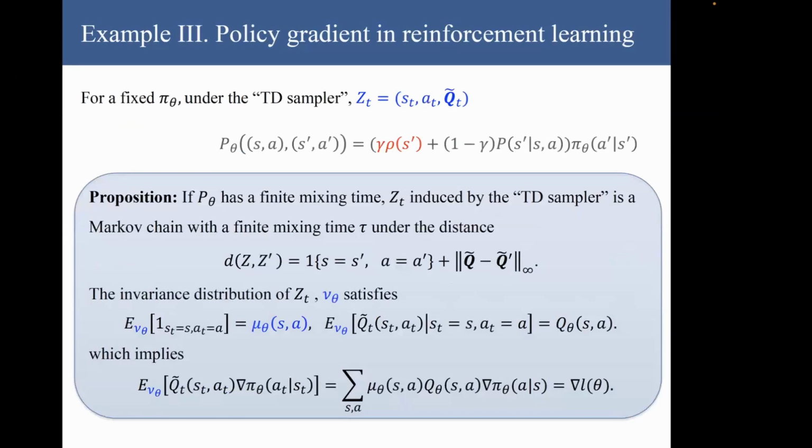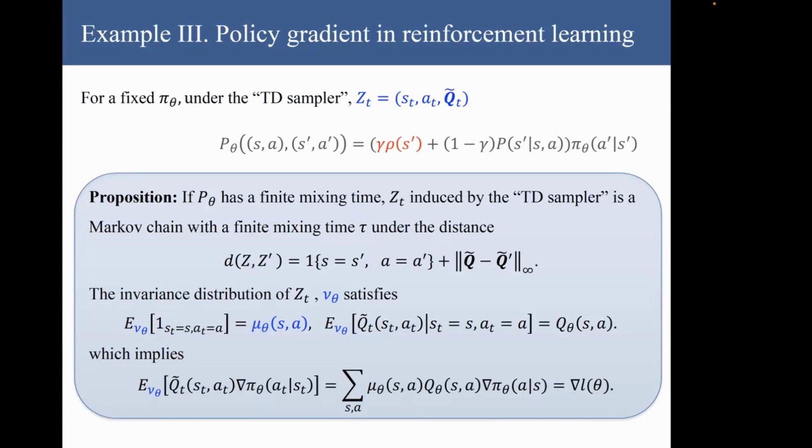What I'm able to show is that this enlarged Markov chain also has some nice convergence properties. In particular, if my P_theta has a finite mixing time, then this enlarged Markov chain, induced by the TD sampler I introduced on the previous slides, also has a finite mixing time under this particular distance.